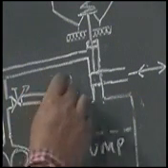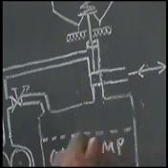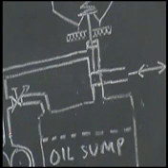That is why a level gauge is given, with which we are supposed to maintain the oil so that some empty space is always there.